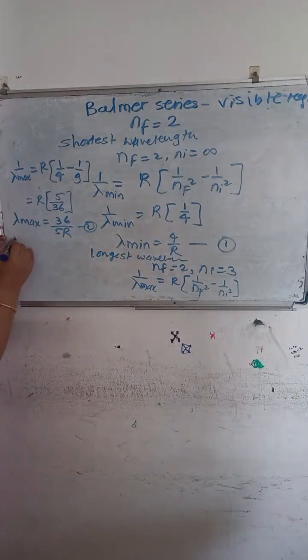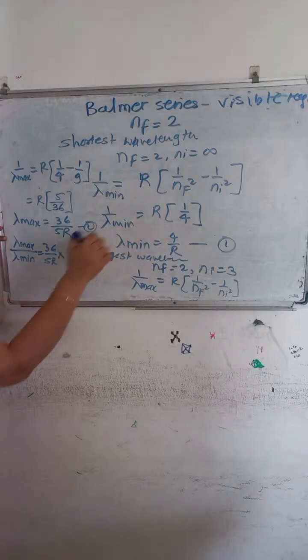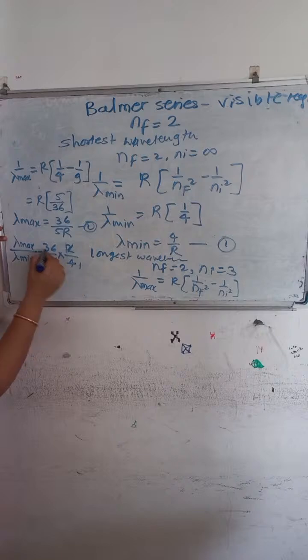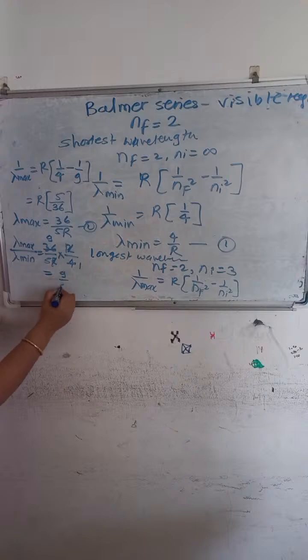Then lambda max to lambda min, if I take a ratio, then 36 upon 5R into the reciprocal, R upon 4, R gets cancelled. So 4 nines are 36. So 9 by 5 is the ratio for lambda max to lambda min. Okay, so 9 by 5 is the answer.